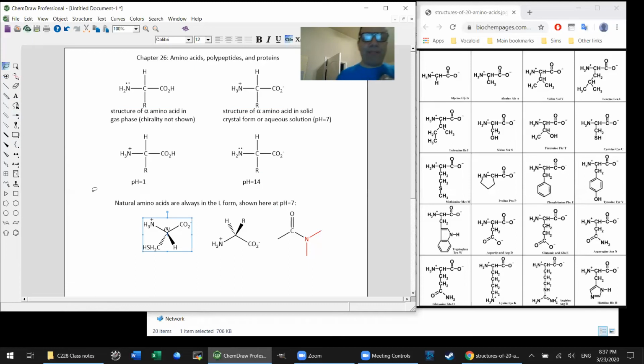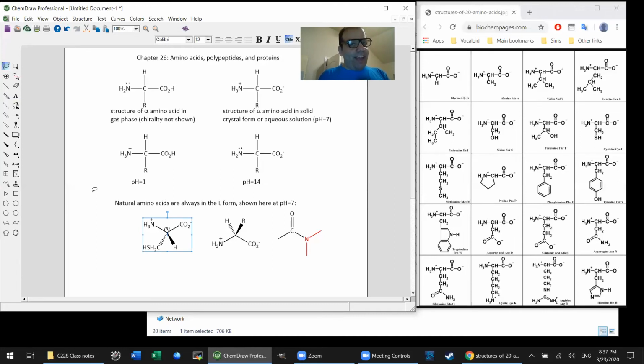Couple more things about the L form that I realized I forgot to say. One is D-amino acids certainly do exist. You can buy them. They just are not natural. You don't find them in living systems. They're unnatural compounds.